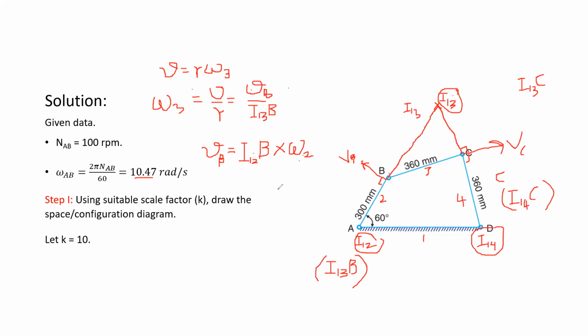So whatever will be the answer, that will come in mm per second, velocity of B. And once you find that, you put that value of velocity of point B here in this equation to find out the angular velocity of link 3. Getting this calculation? Yes, sir. Okay.